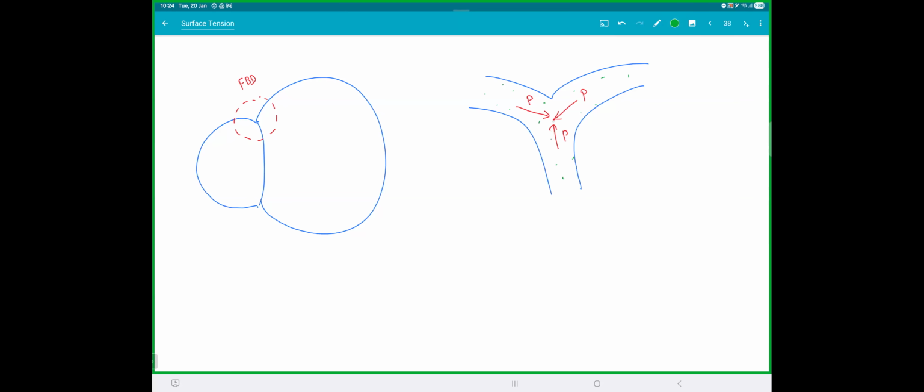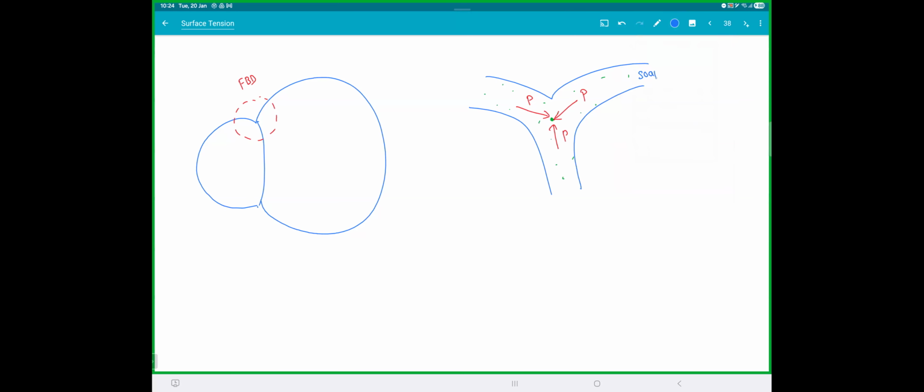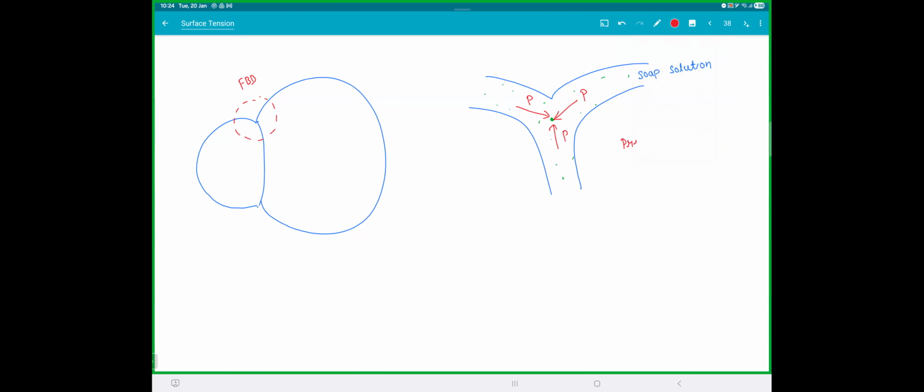At this point, if you take a small area dA in this center, the liquid is pushing from all three directions. So basically, this is your soap solution. The force due to the pressure at that point should be the same in all directions. Pressure is the same on all three sides, because if they're not equal, the soap solution will keep moving till the pressures balance out.